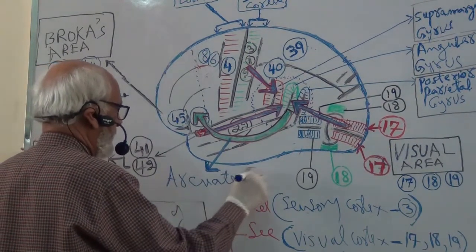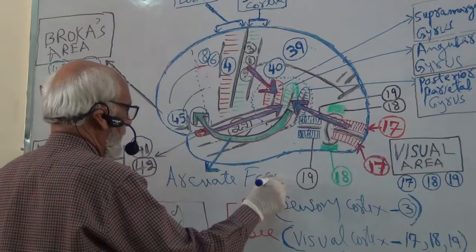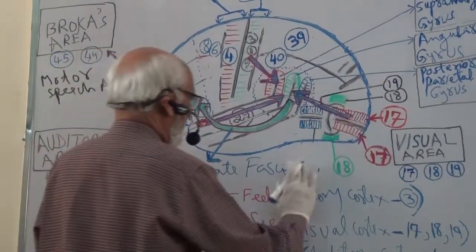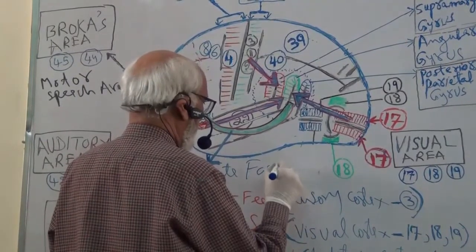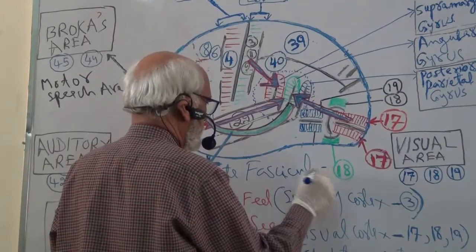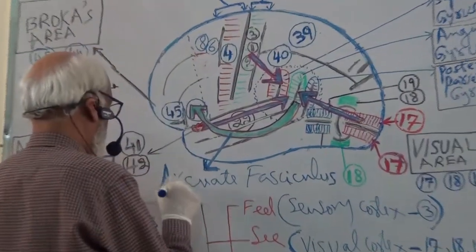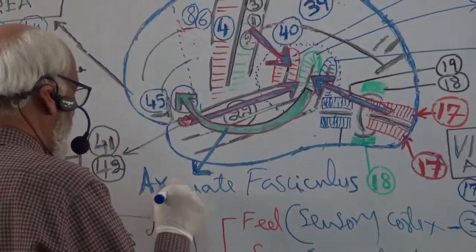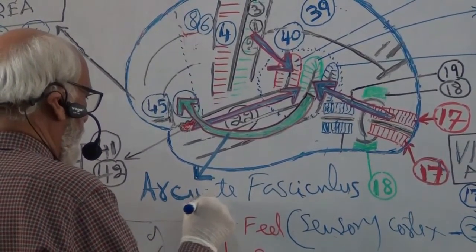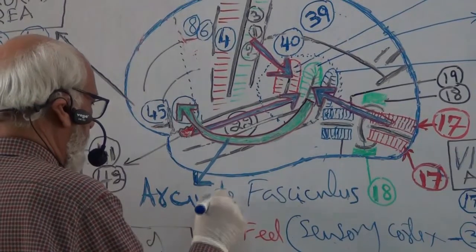Arcuate fasciculus. Fasciculus is the other name for a tract. So those bundles of fibers which connect the Wernicke area with the motor speech area are known as the arcuate fasciculus.